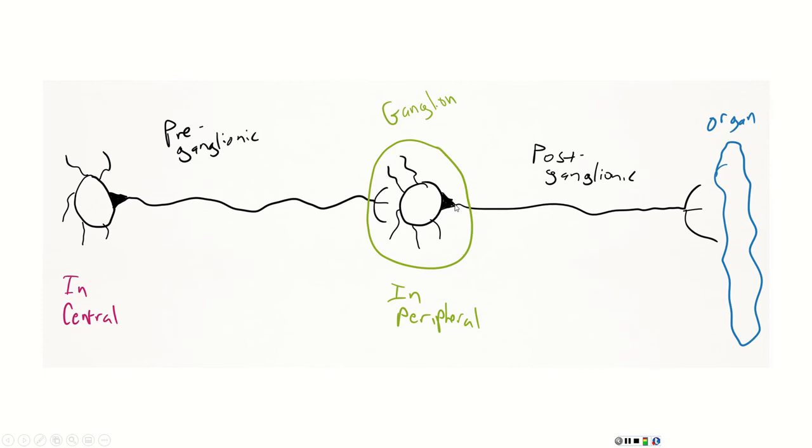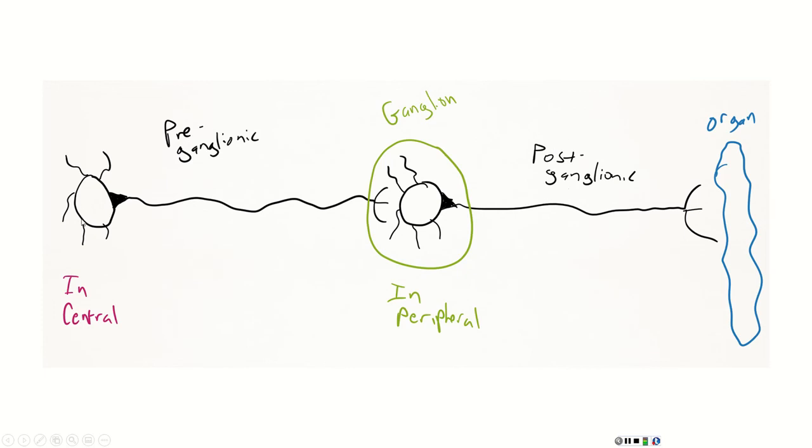And then the axons from those neurons, as a nerve, are going to travel through the peripheral nervous system to an organ. This nerve is called postganglionic. So we have preganglionic nerve and neurons, postganglionic nerve and neurons.